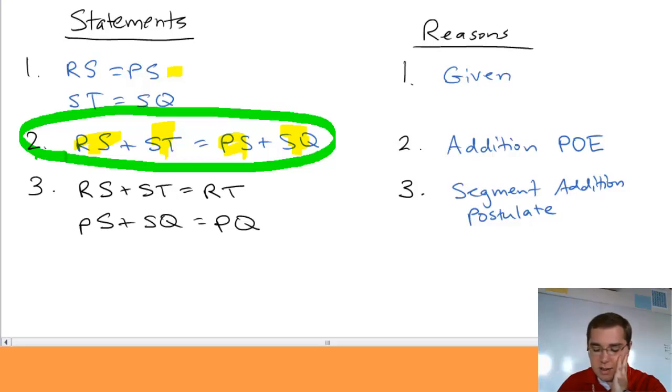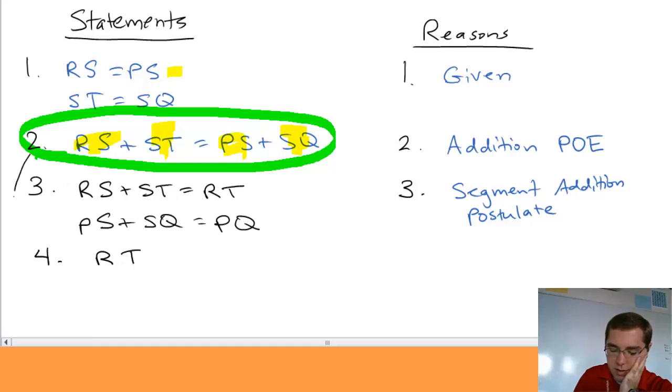Well, if RS plus ST is also RT, let's fill that in down here. So I'm essentially rewriting statement 2 using what I know from statement 3. RS plus ST is RT. Well, what is PS plus SQ? That's PQ.